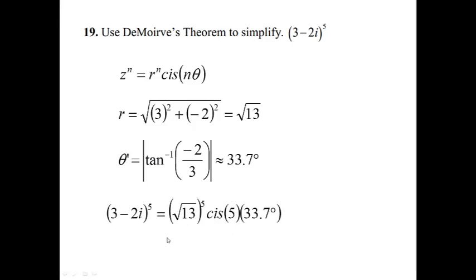Then putting all this together, this is equal to rad 13 to the 5th power, cis 5 times 33.7. So you get this, and we usually want this in trig form to match what was given. So we're going to have 609 times cosine of 168 degrees, and 609 times the sine of 168 degrees.